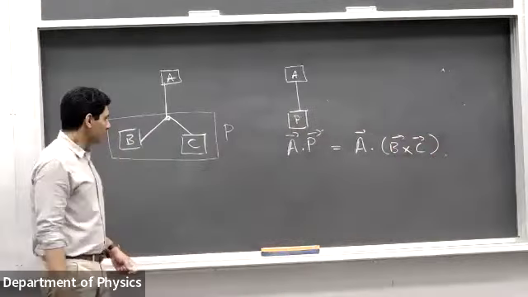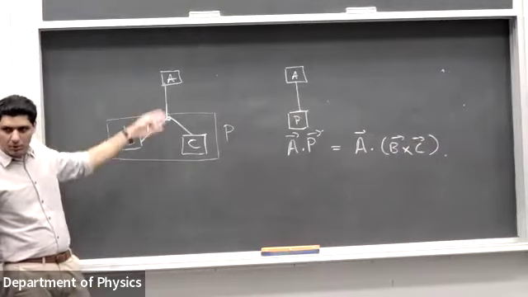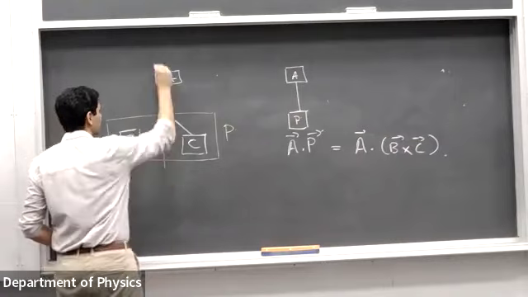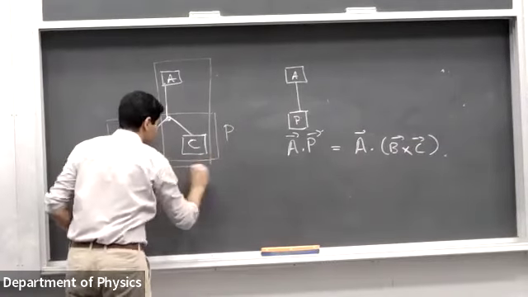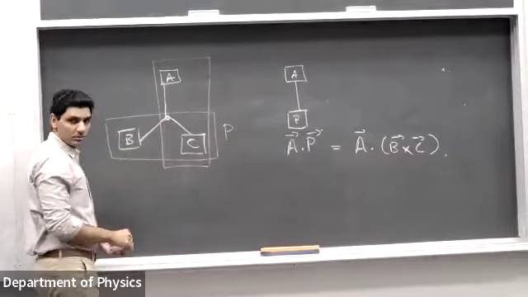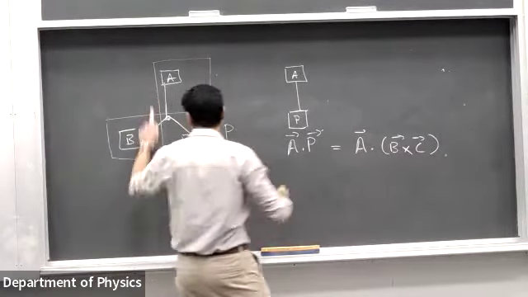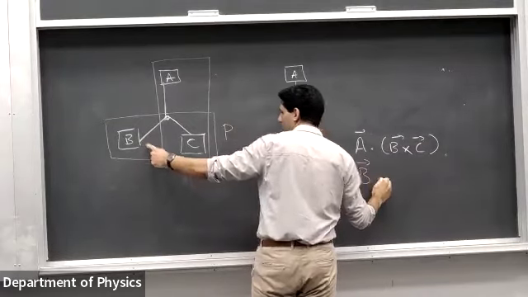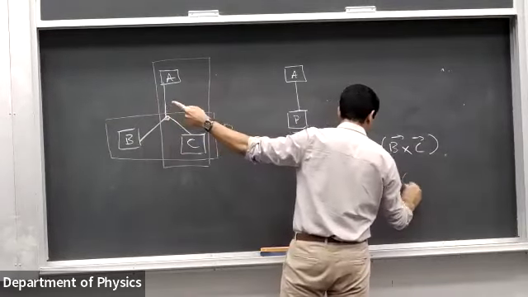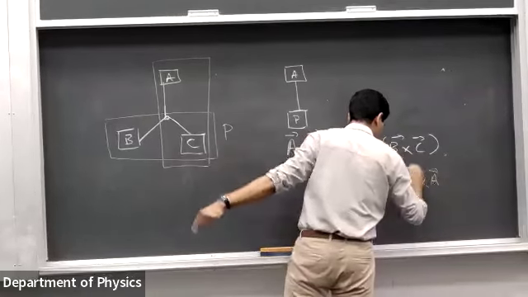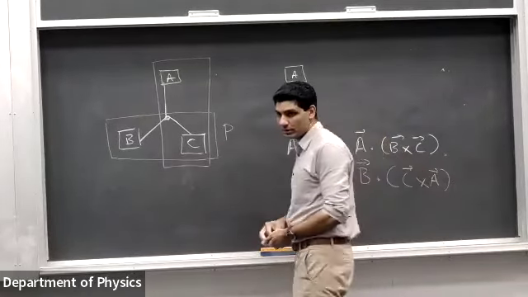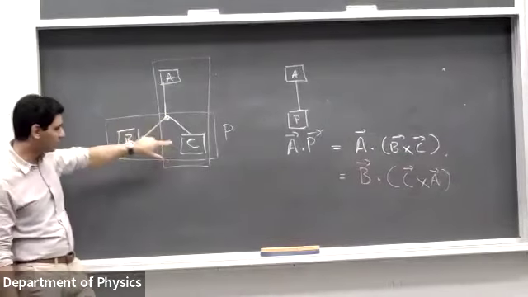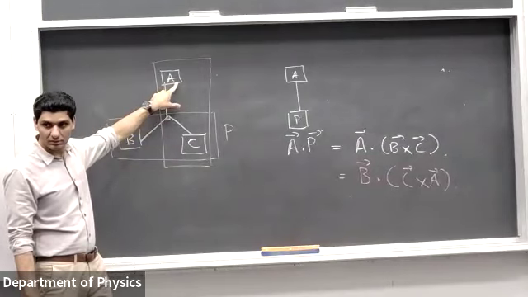But there was nothing really special about why I put the box over here. I could have put the box elsewhere. How about this box? If you put this box, then it looks like B is dotted with C cross it. Does everybody agree? If I look at the red box, it looks like B sitting outside, dotted with C cross it.